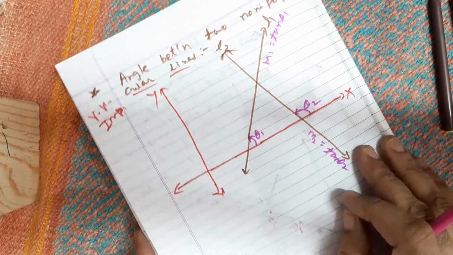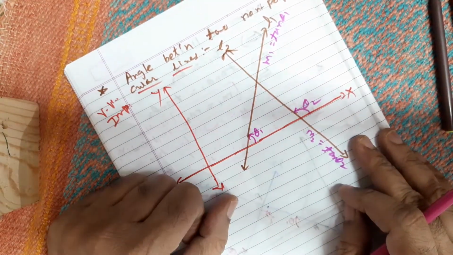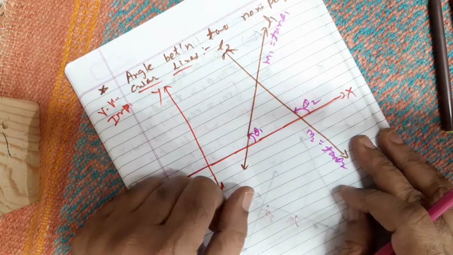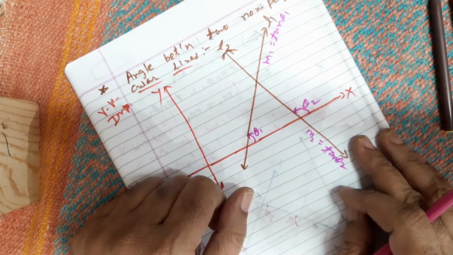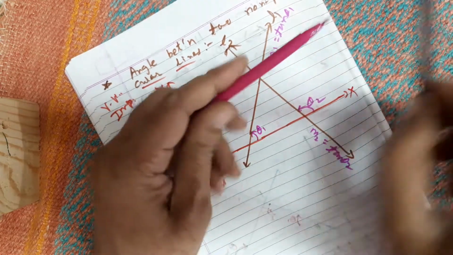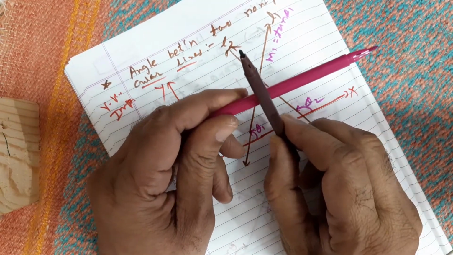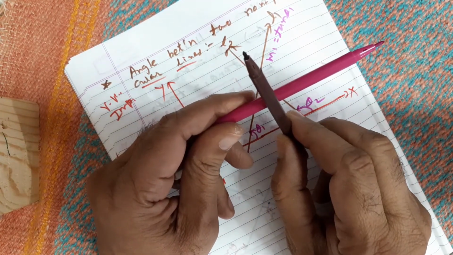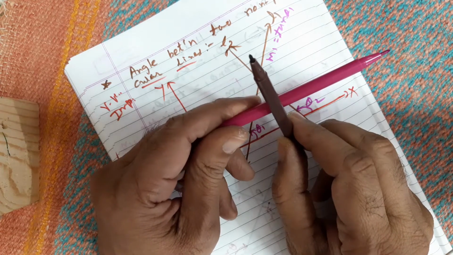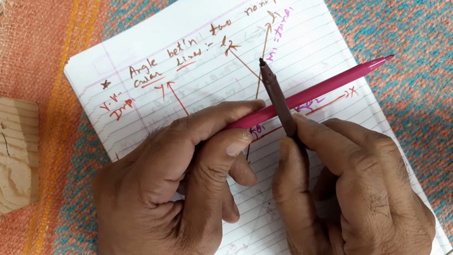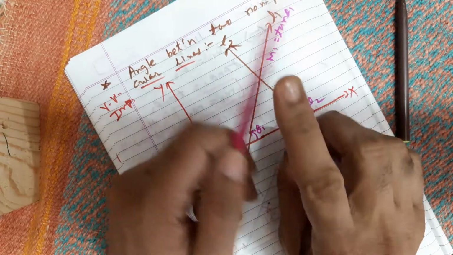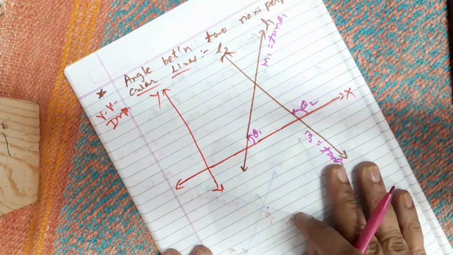If you want to measure the angle between two intersecting lines which are non-perpendicular. Non-perpendicular means obviously if the two lines are perpendicular to each other, then the angle between them is 90 degrees, so no need of any formula. But here, what's your observation?